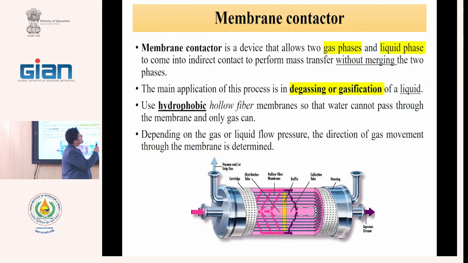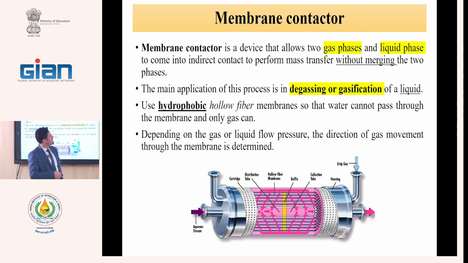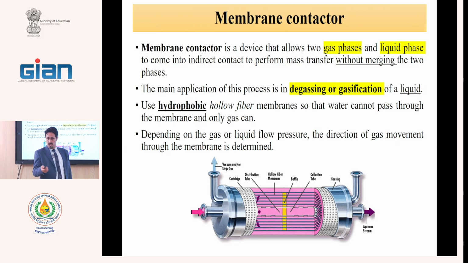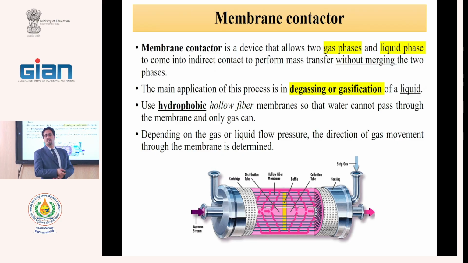Okay. The other membrane process is the membrane contactor. A membrane contactor can be used for degassing or gasification, like an absorption column and desorption column. For example, natural gas has carbon dioxide and H2S, and these gases cause corrosion in the transferring tubes.